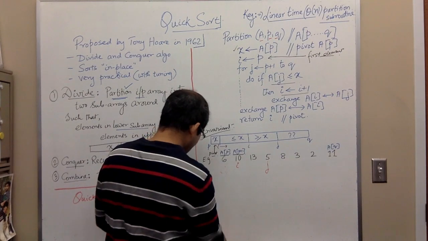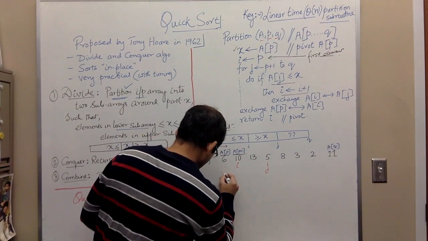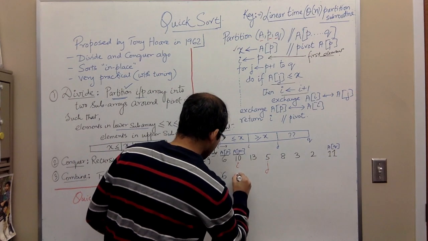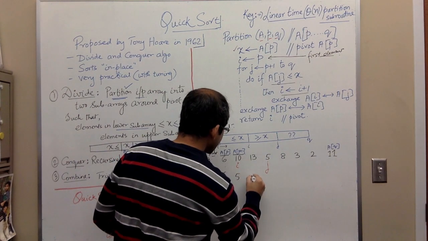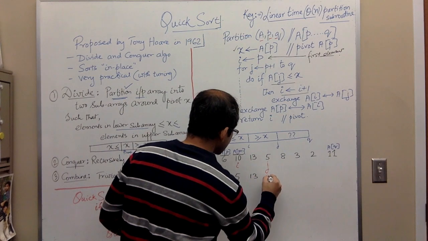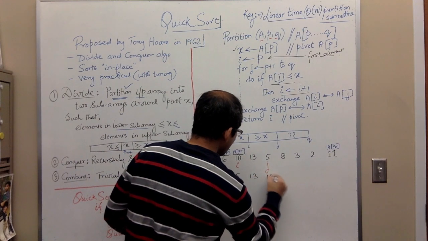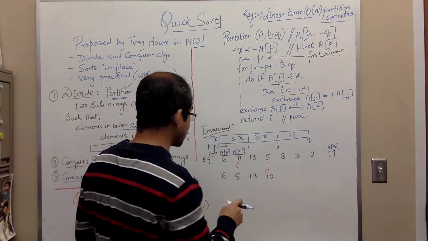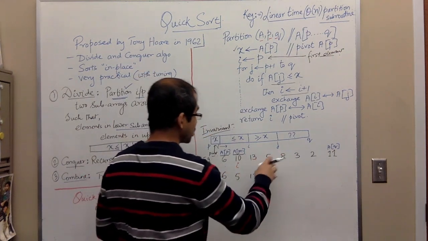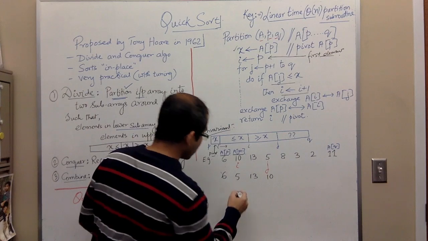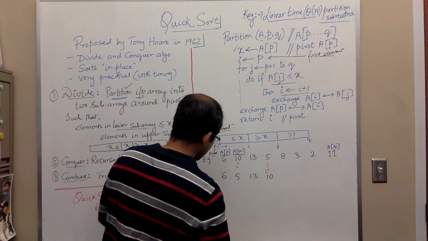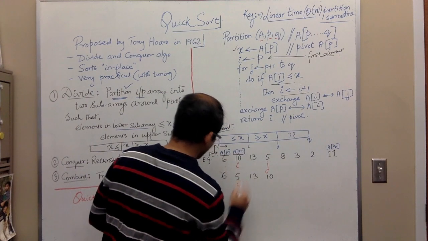The new array is 6, this is the pivot element, 10 and 5 are swapped, so this is 5, this is 13, this is 10. I'm not writing the rest at this moment because j has not finished. So this is the new position of i.